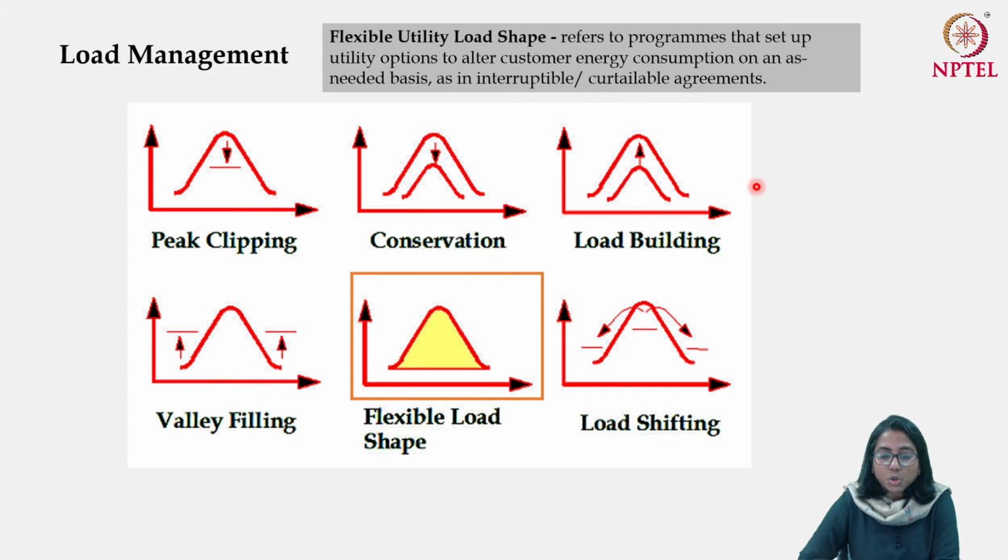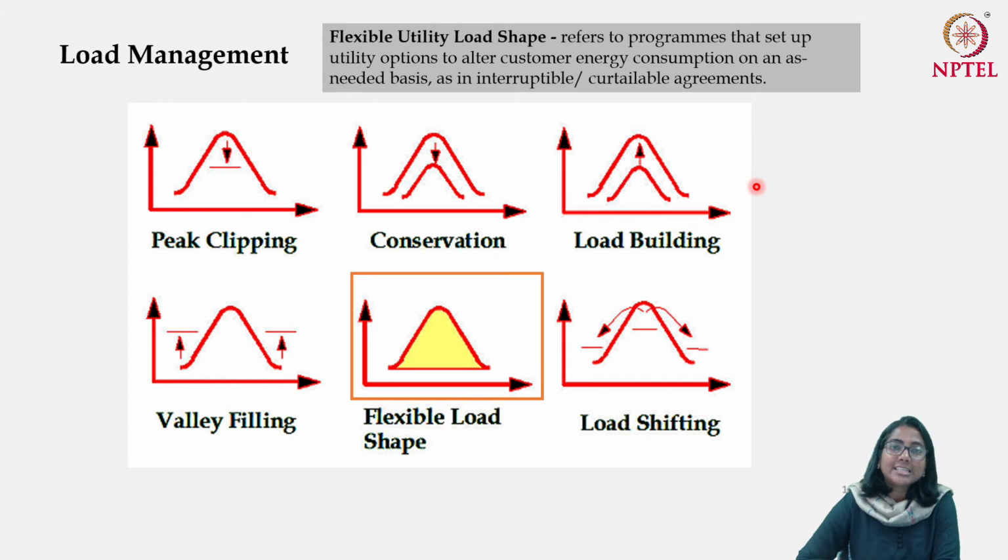This is something which is not quite available in our country. This is actually based on a contract between the utility, that is the power supplier, and the consumer. So what do they do? They enter into a contract, and the utilities actually install certain instruments or some equipment in order to alter customers' energy consumption on an as-needed basis.